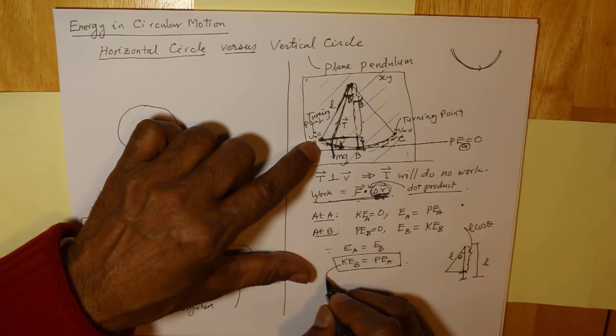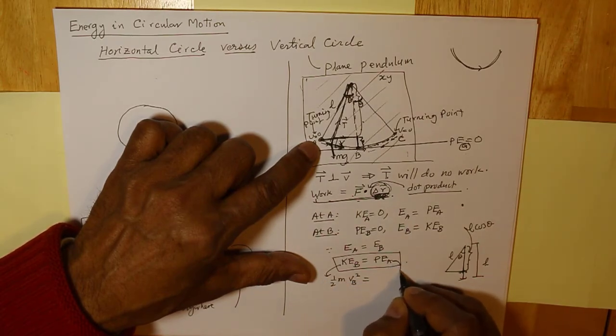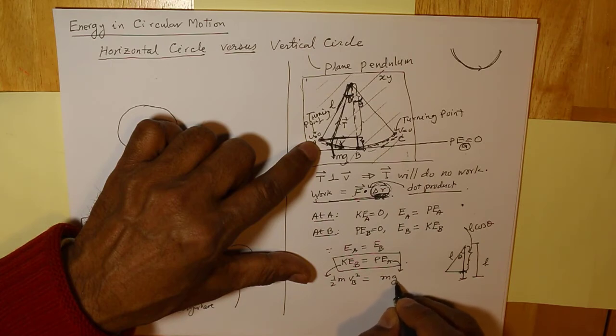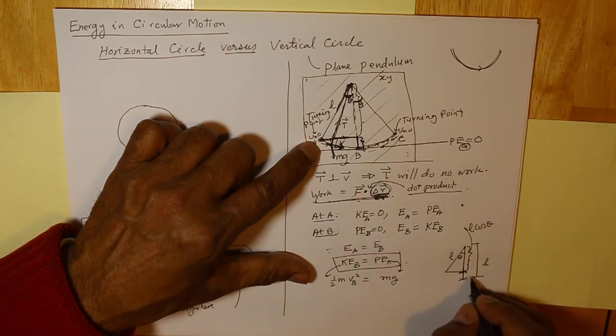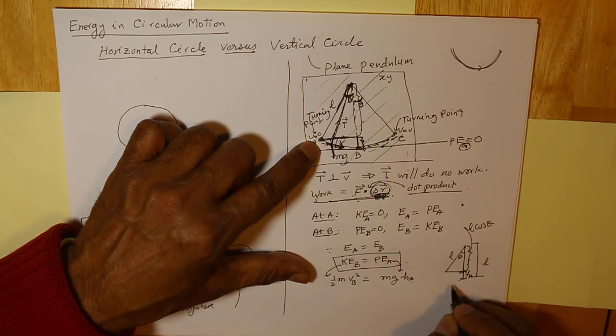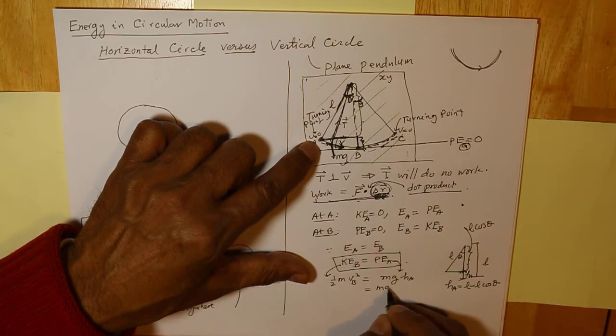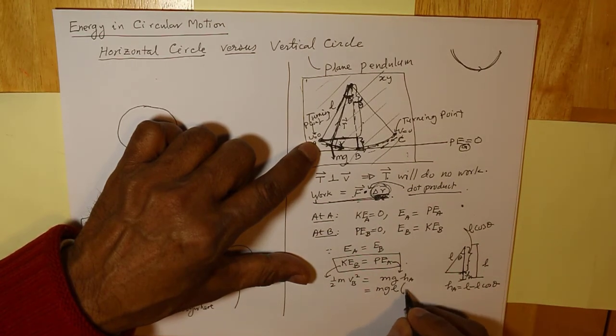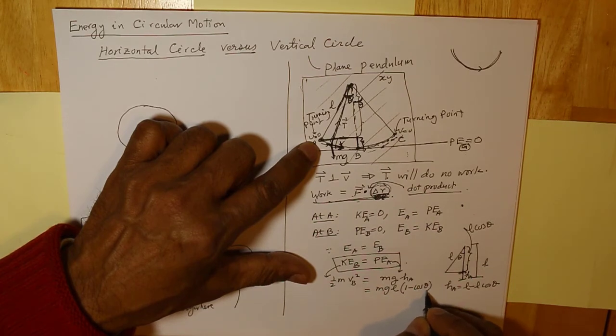So KB will be half m vB squared, and this will just be mgHA, and HA is simply L minus L cosine theta. So it's mgL times 1 minus cosine theta, taking L common.